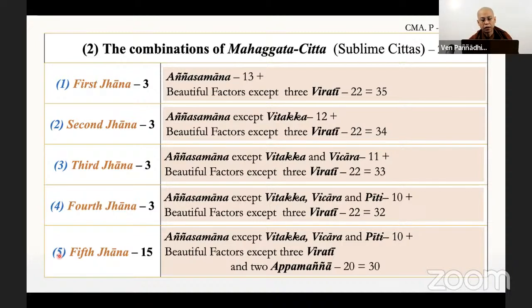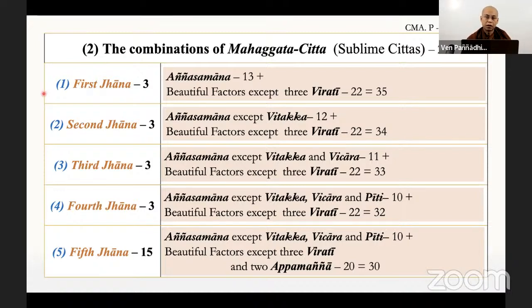Karuna and Mudita, in the sublime stage, need the support of Somanassa feeling, happiness. But in the Lokiya consciousness, in the sense-sphere consciousness, Kamavacara consciousness, it is not necessary to have the support of Somanassa.